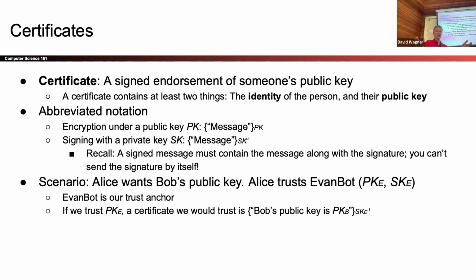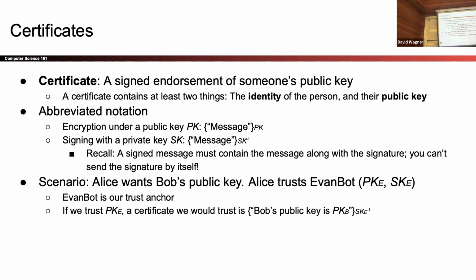That's where the trust anchor comes in. We're going to have it signed by someone who we know and whose public key we know. So a certificate is a signed statement. The statement is: X's public key is Y.